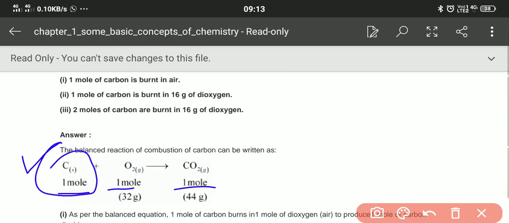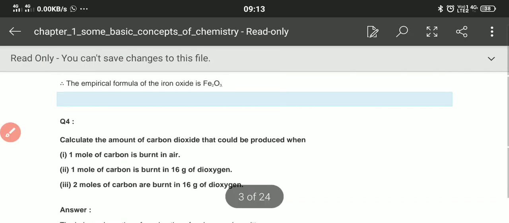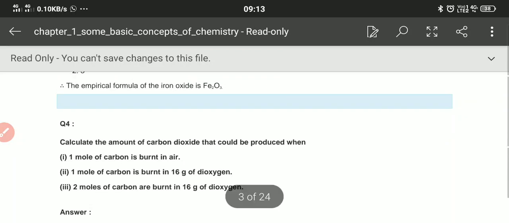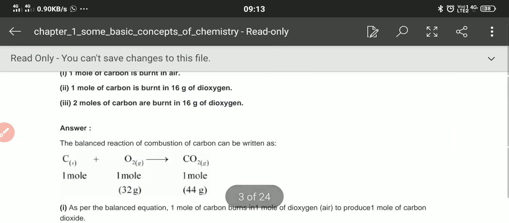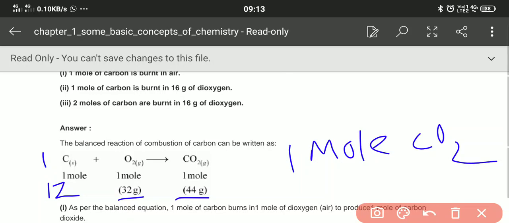What we have to find is the amount of carbon dioxide. So 1 mole of carbon, 12 gram of carbon, burns in 1 mole of oxygen, that is 32 gram oxygen, to produce 44 gram. So our first answer is 1 mole CO2 is produced when 1 mole of carbon is burned.